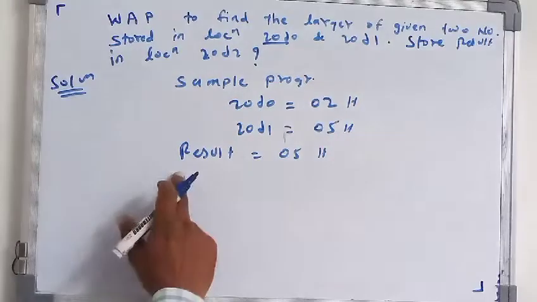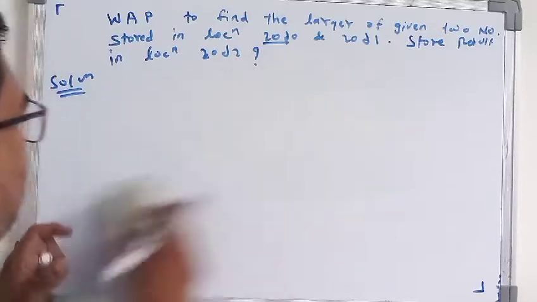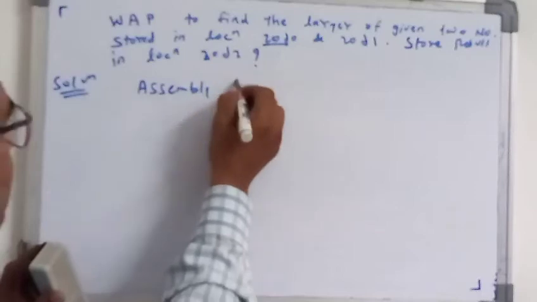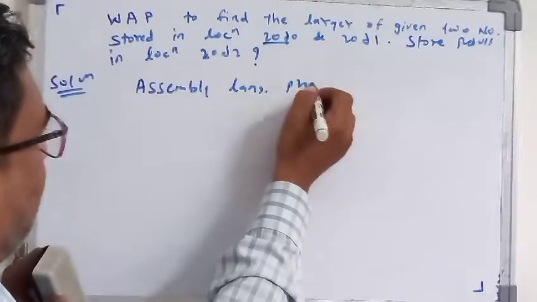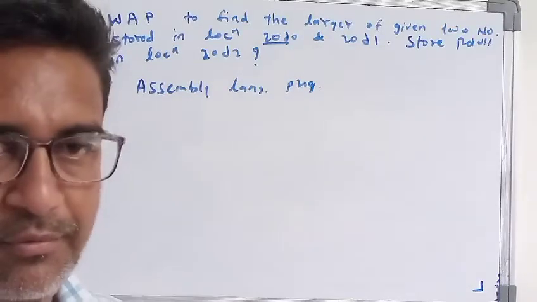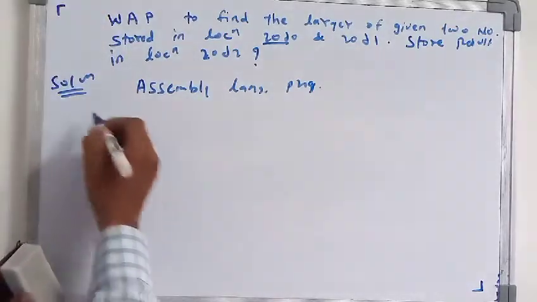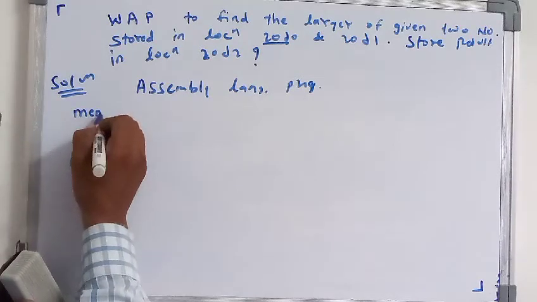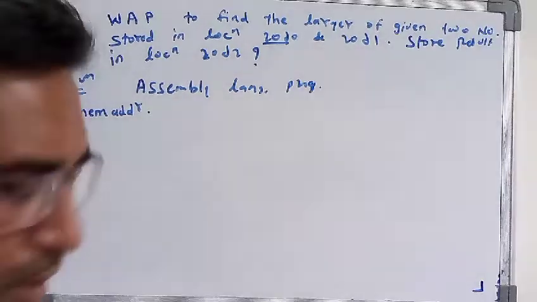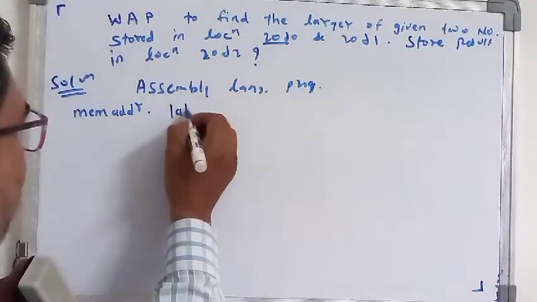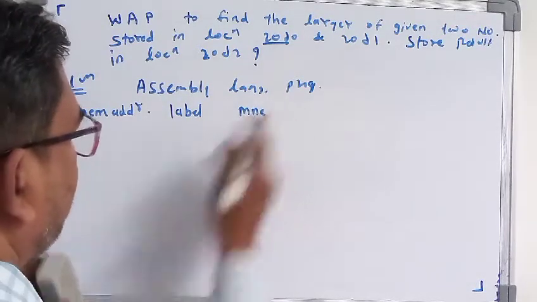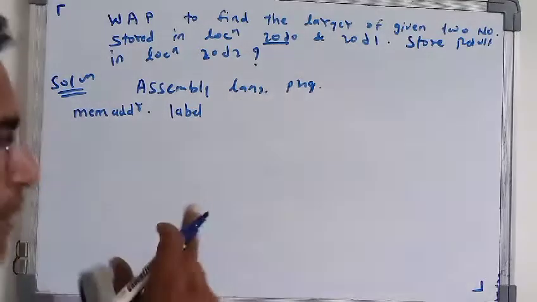After noting this, you write the assembly language program. For this program, you have to make a block. The first block is the memory address, the second is the label, and the third is the mnemonics.